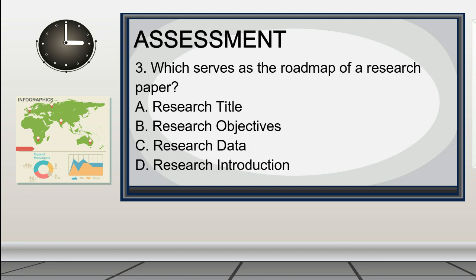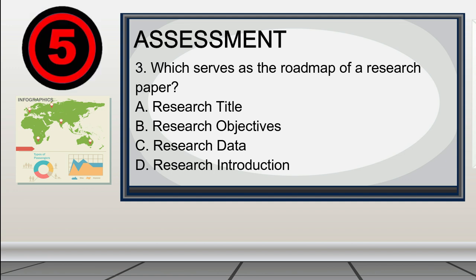Three. Which serves as the roadmap of a research paper? A. Research title. B. Research objectives. C. Research data. D. Research information.